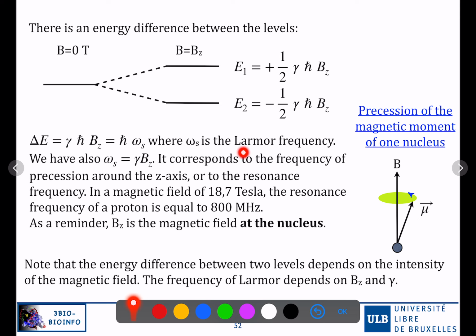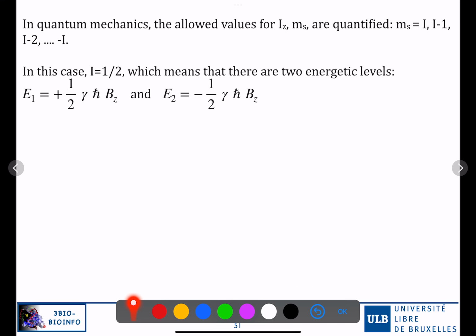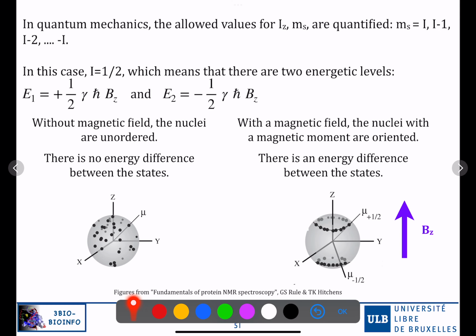Omega s, as I said, is the Larmor frequency, and in fact, you can show that it corresponds to the frequency of precession around the z-axis of the magnetic moment. So if I show you the previous slide, here, in fact, you have different magnetic moments, and in the presence of this external magnetic field, you have in fact a precession of these different magnetic moments around the z-axis.